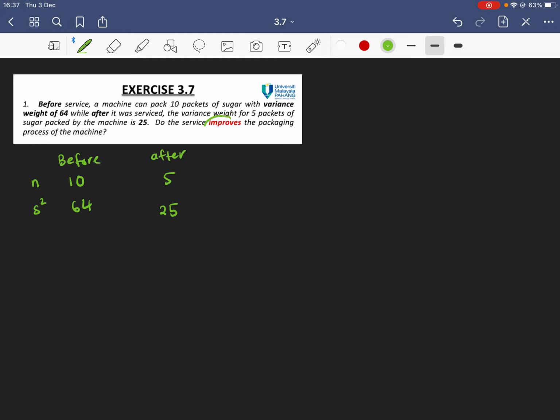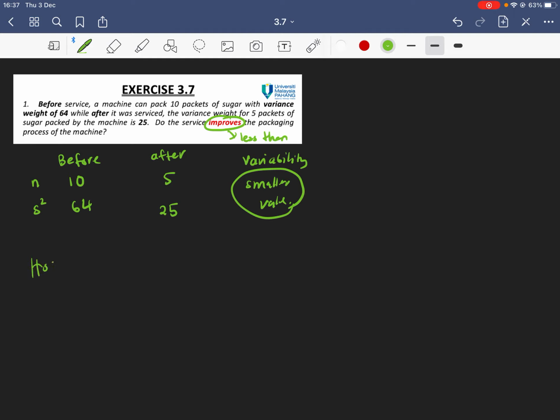The keyword here is improve. So if improve, it must be less than, because we talk about variability. Must be smaller value. Okay, because we compare the variance, we must take the smallest value. So if we want to improve the service, the variance must be smaller.